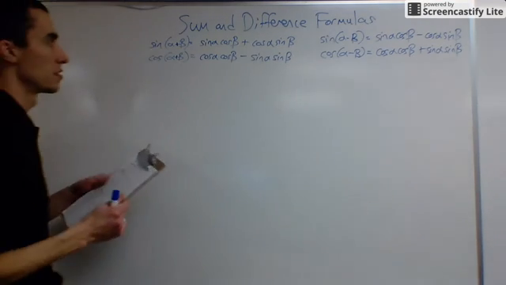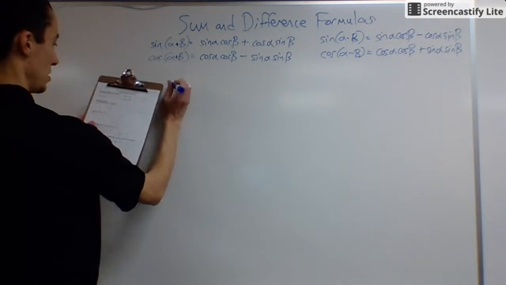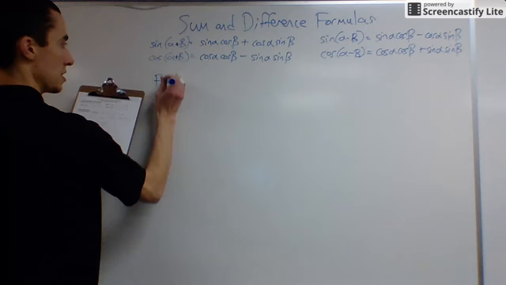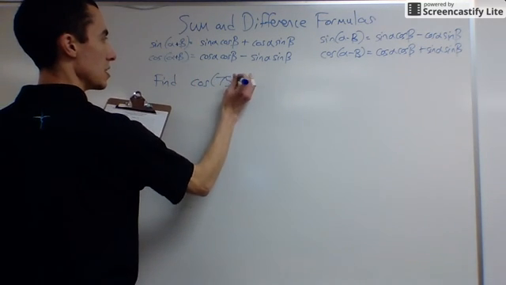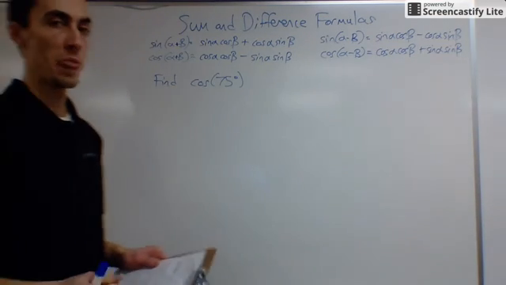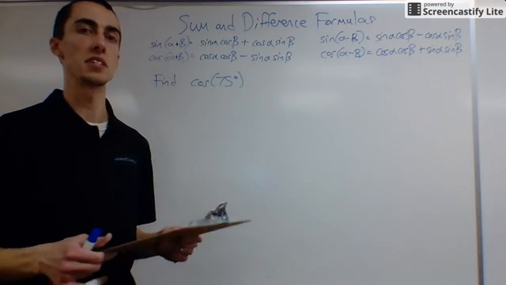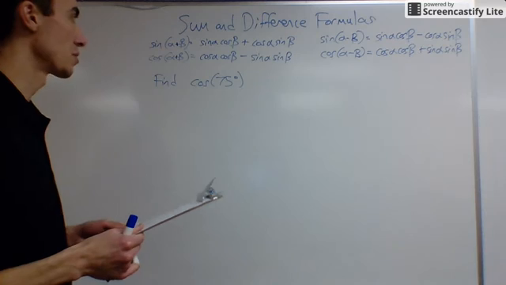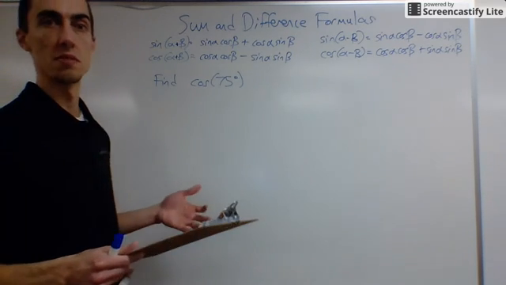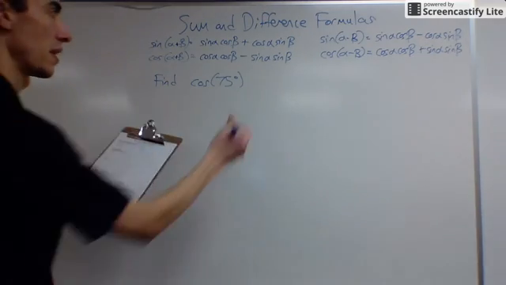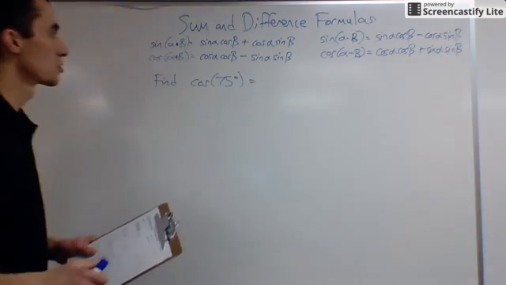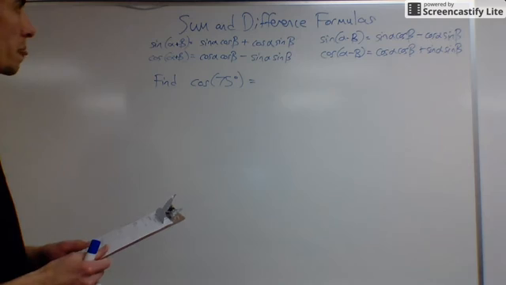Now, to apply one of these formulas, let's find the exact value of the cosine of 75 degrees. Now, the cosine of 75 degrees isn't on the unit circle, and we can't use one of the 30, 60, 90 or 45, 45, 90 triangles to find it, but we can use one of the sum and difference formulas.